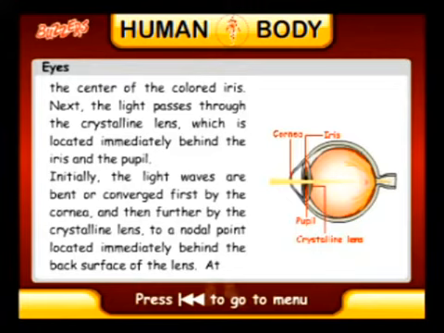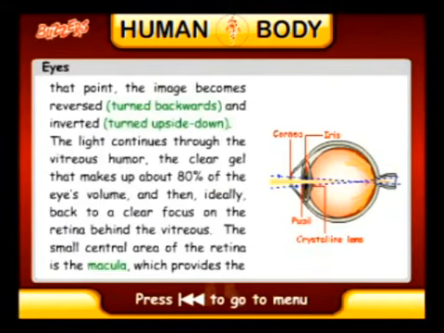Initially, the light waves are bent or converged first by the cornea, and then further by the crystalline lens to a nodal point located immediately behind the back surface of the lens. At that point, the image becomes reversed and inverted.